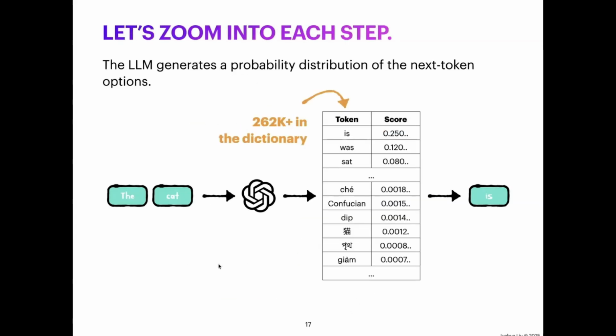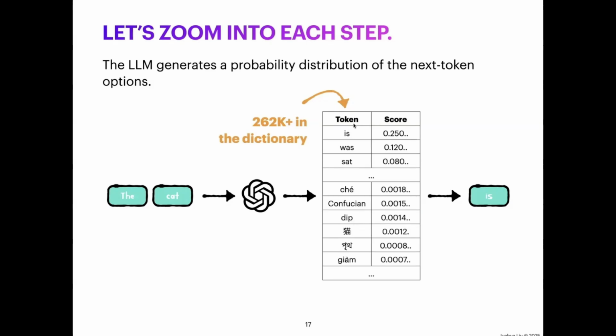So now let's zoom back into every step. The large language model generates a probability distribution of the next token options. So here, if we pass "the cat" into the model, it doesn't generate a single word directly. It will generate this set of scores, which are essentially the probability distribution of all the available tokens in this dictionary. And different large language models may use different tokenization algorithms.